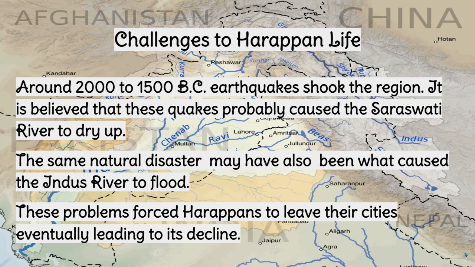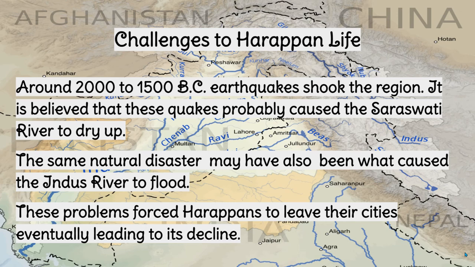It could have been that it caused it to flood and it spread out and then was dried up in the land. It could be that it caused a crack in the Earth's crust and the water seeped in. They really don't know what caused it, but they're pretty sure it did have to do with an earthquake.